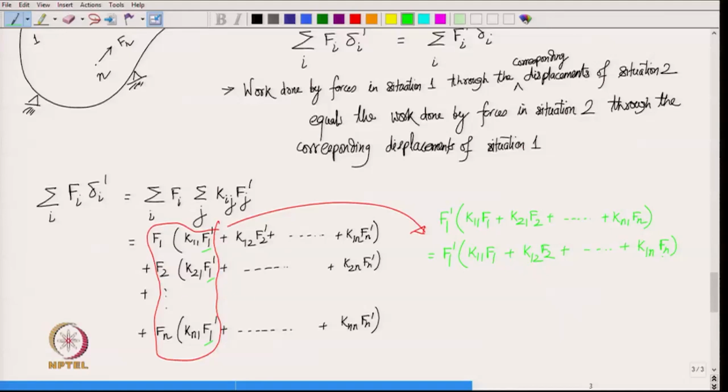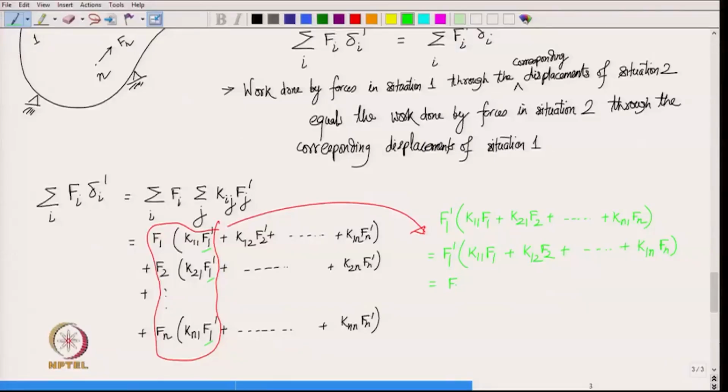And what is the thing inside the bracket? That is nothing but delta_1, the corresponding displacement at point 1. So, this then becomes f_1 prime into delta_1. Okay. Similarly, you can collect the coefficient here, and that is going to give you f_2 prime into delta_2.